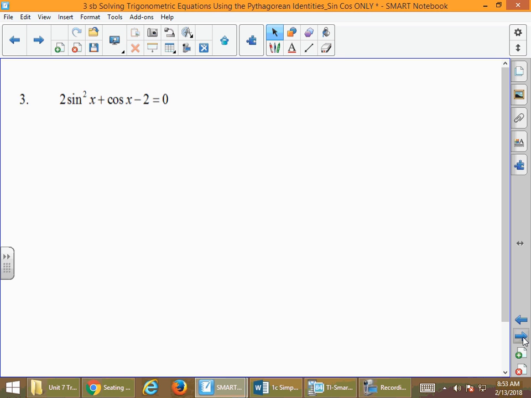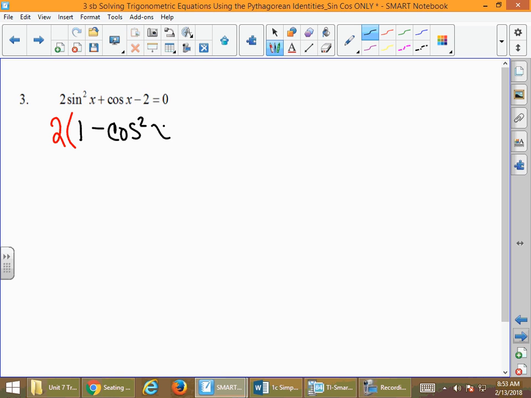Cosine of x does not. We've got sine squared, so we can rewrite this equation as 2 times sine squared, which is 1 minus cosine squared x. And again, if you chose to write theta, that's not going to bother me. Plus cosine of x minus 2 equals 0.